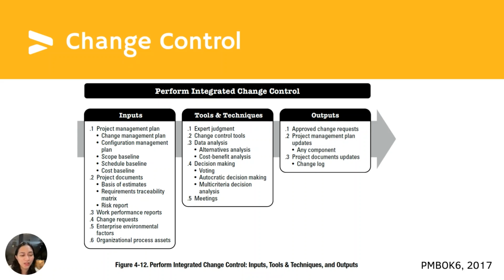So those are the things that you are considering as your inputs. Organizational process assets include your procedures for approving and issuing change authorizations, the configuration management knowledge base, and the versions of all official standards and policies. So these are the inputs that you need to consider.